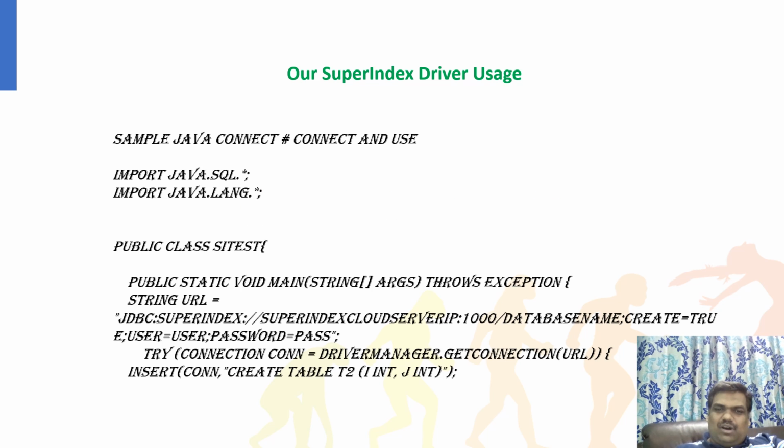So how do people usually use the drivers? This is a sample Java program. You see that I just have a URL, the JDBC SuperIndex server name, the port, for example 1000, and the database name. If you want to create the database, you set create to true. If you don't want to create it, you can run it without database creation.